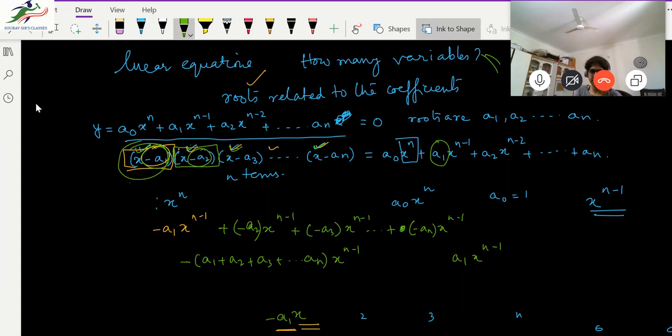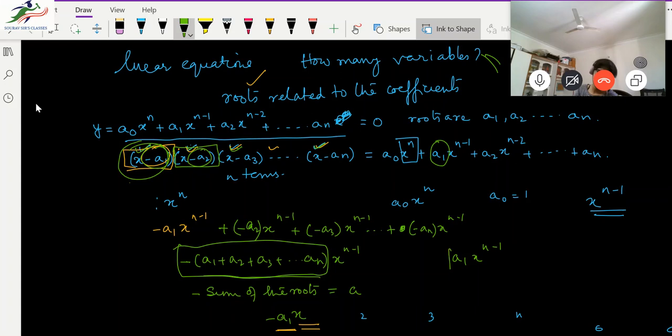So that means that a1, a2, a3, an are all roots of the equation. So I can write this as minus sum of the roots is equal to a1, because this whole thing will be equal to a1.